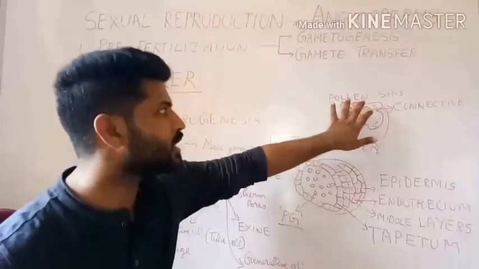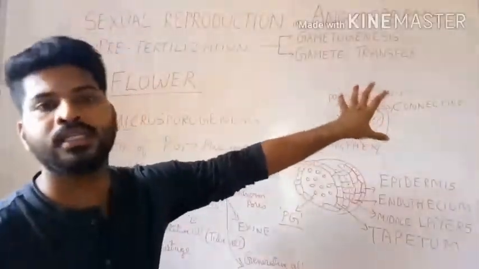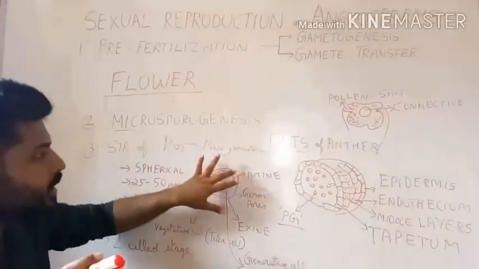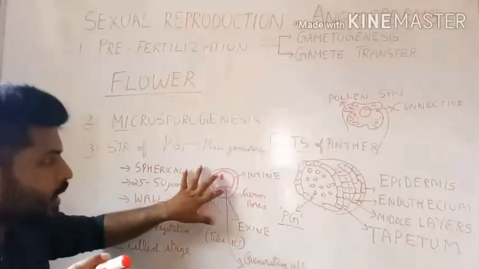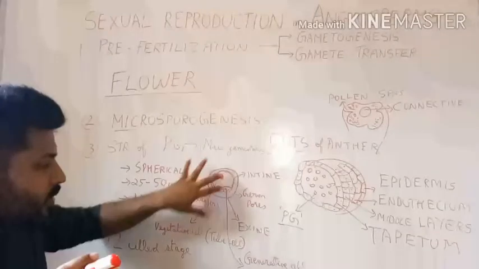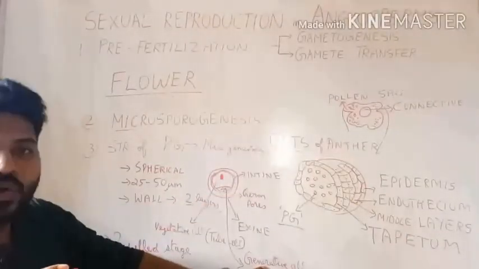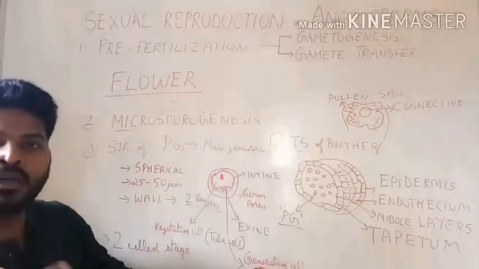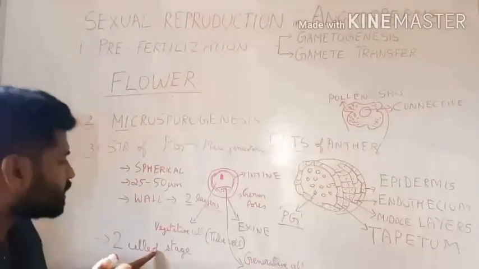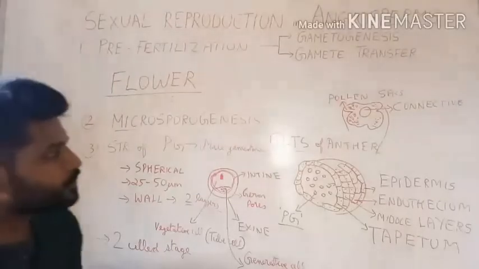Microsporangium in this condition is called a pollen sac. There is an exine layer and an intine layer. In the cytoplasm, there is a big cell called a vegetative cell and a lower small cell called a generative cell. Most of the plants release the pollen grains in this two-celled stage.